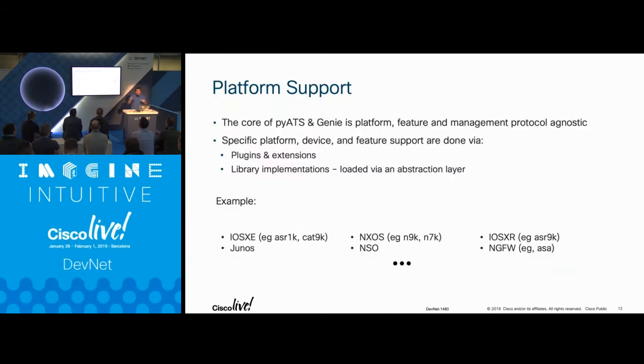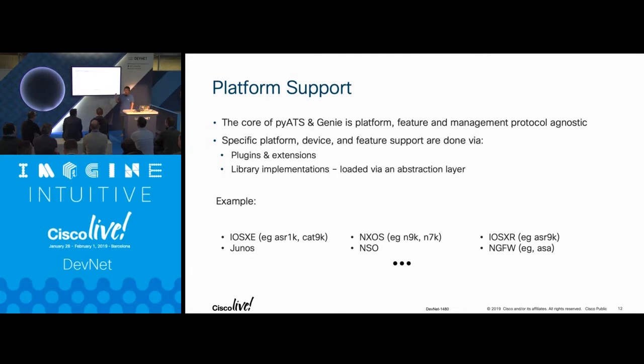All right, next question that we get a lot before we get into the use cases is what platforms do you support? What features do you support? Many. We did not code this infrastructure because we are part of core software group, because we had to test XE devices or Nexus devices. We needed a test infrastructure and a library infrastructure to develop libraries that model various devices and various features.